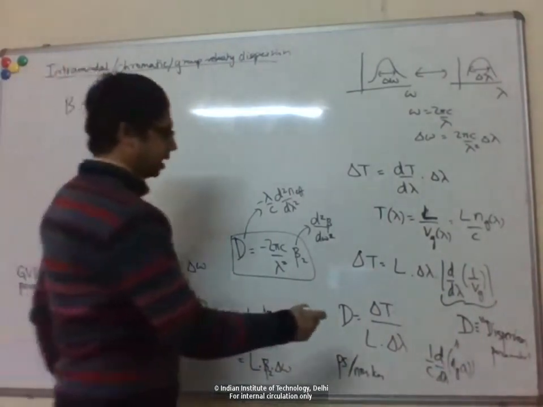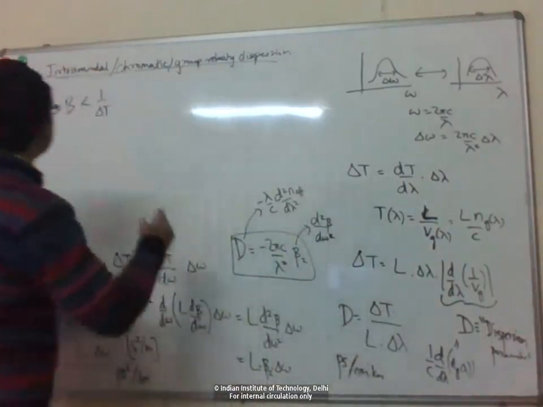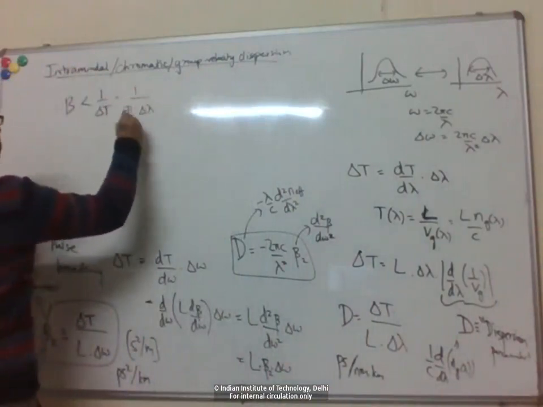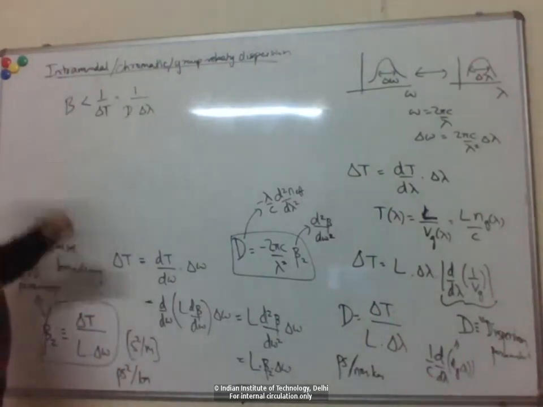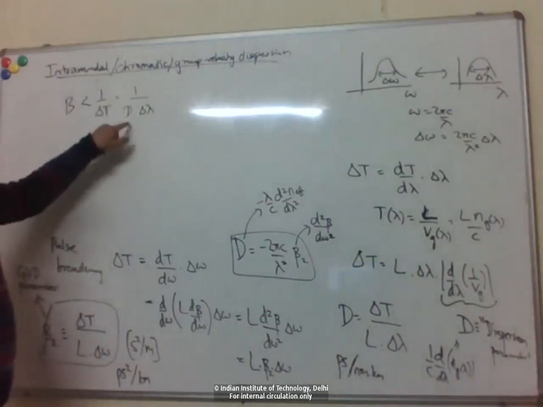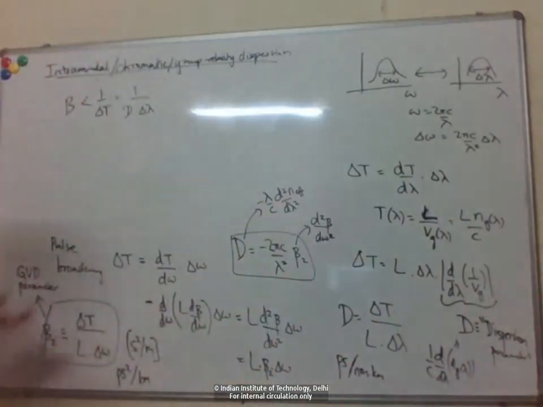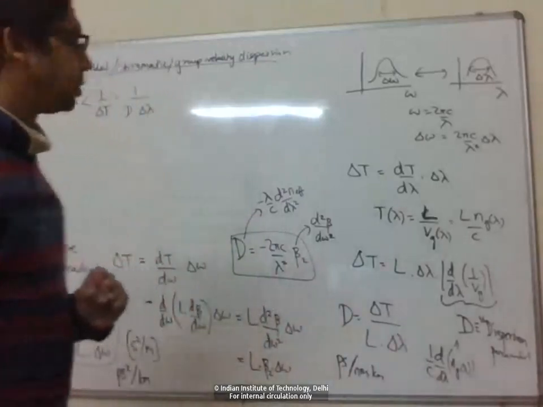So if you put delta t equal to D times L times delta lambda, you can see that the maximum one can have is 1 over D times delta lambda. Right, so the maximum bit rate is inversely proportional to this dispersion parameter. So for high data rates, we want a small dispersion parameter.